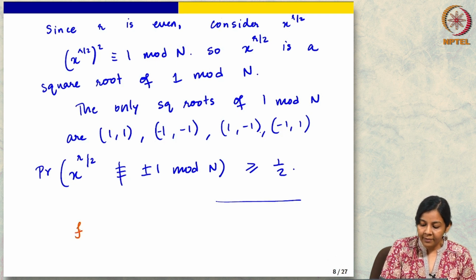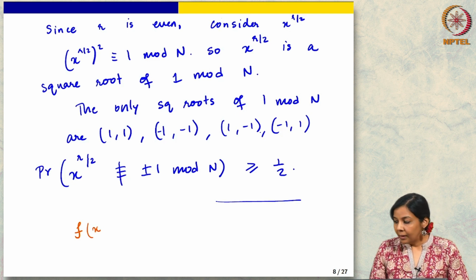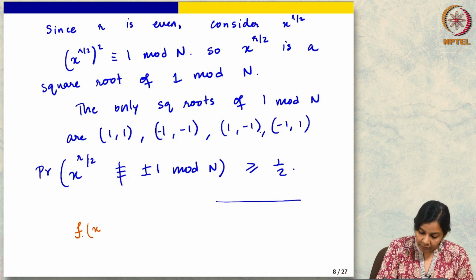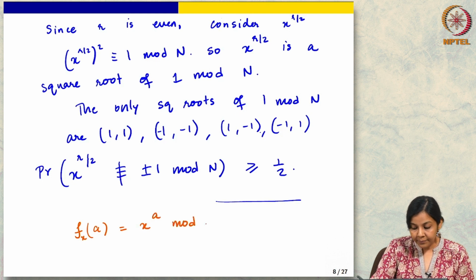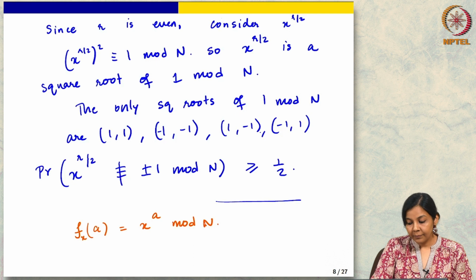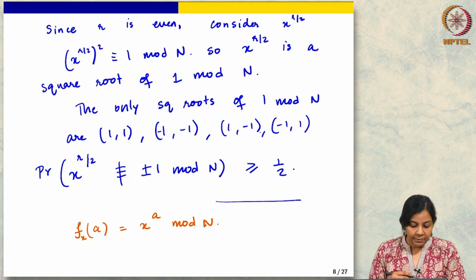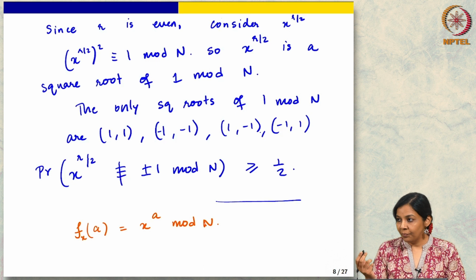So, let's think of our function f_x of a as x to the a mod n. I do not really know how to pick x from the right set.